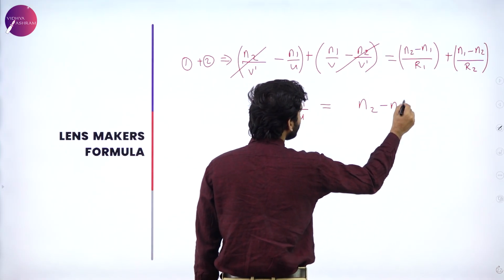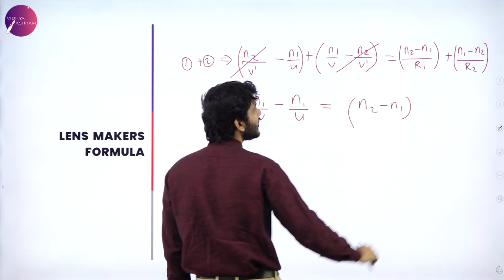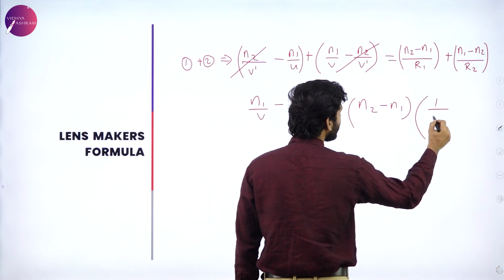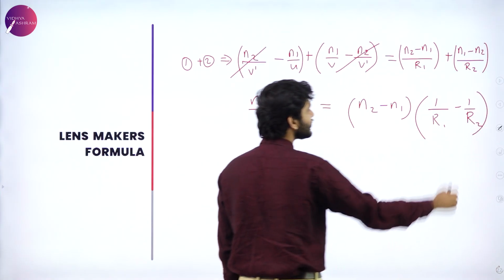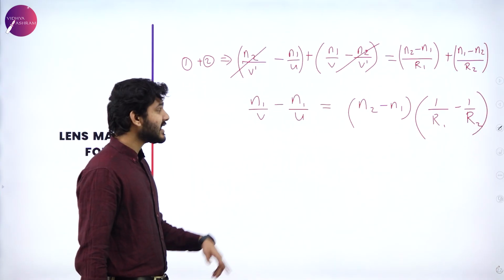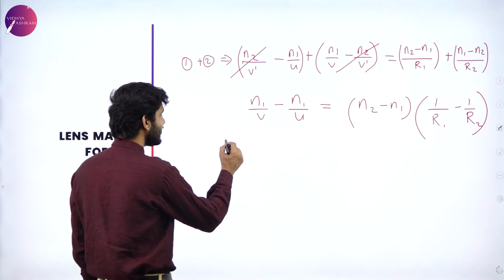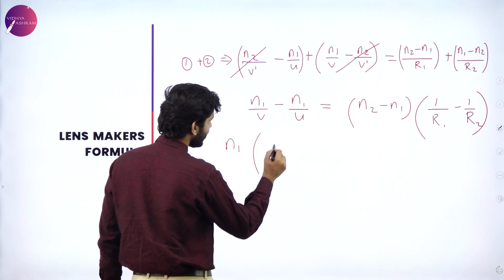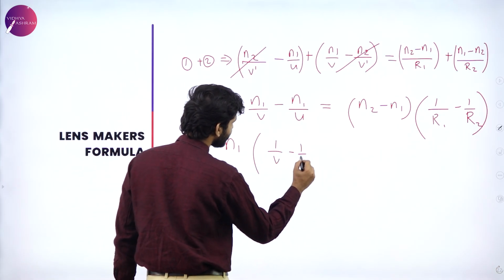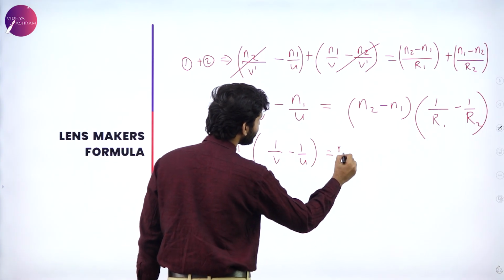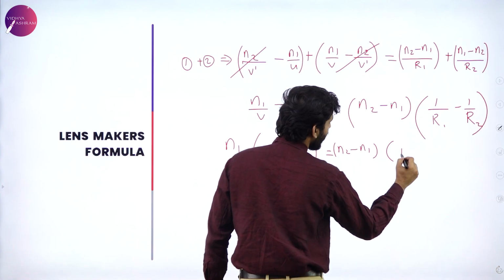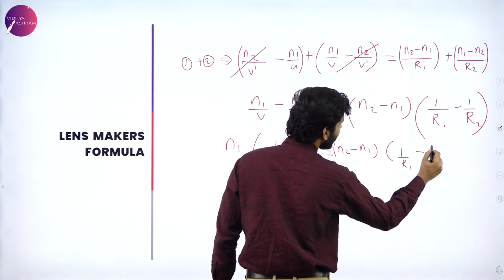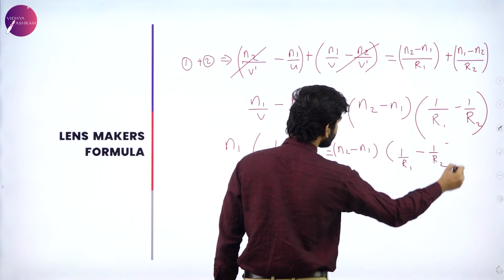N2 minus N1, which I am taking as common, times 1 by R1 minus 1 by R2, right? If I take N1 as a common factor here, I can write it as N1 into 1 by V minus 1 by U is equal to N2 minus N1 into 1 by R1 minus 1 by R2, right?